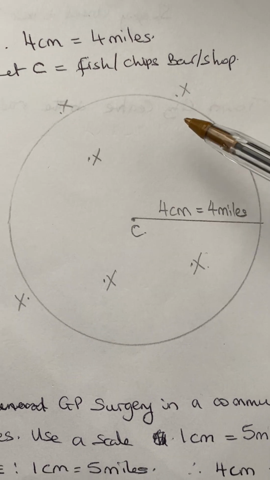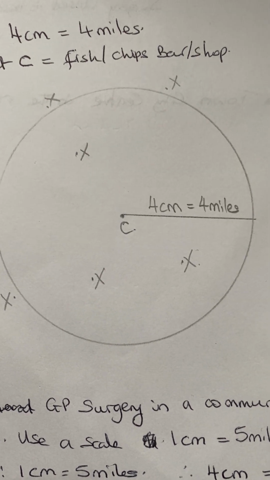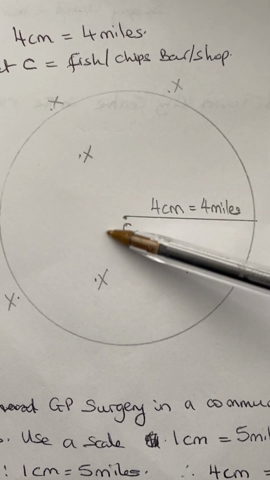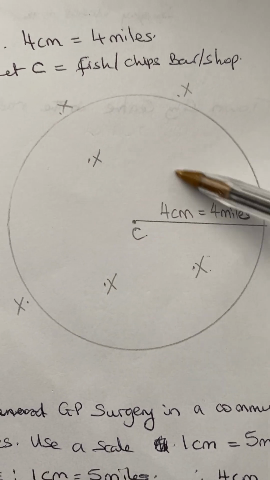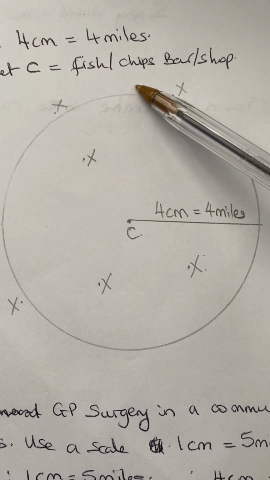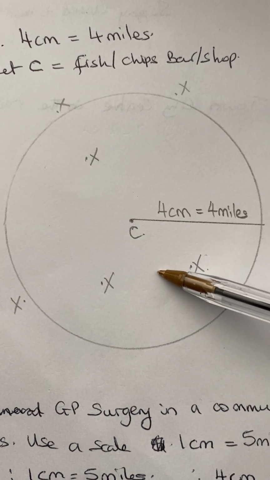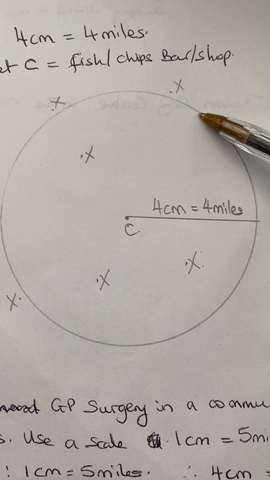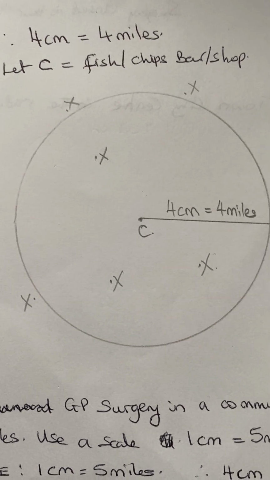So if I'm part of Mr. Peters' family, before I order, I will look and see if I live in the 4 mile radius, because the cutoff or the locus is 4 miles.